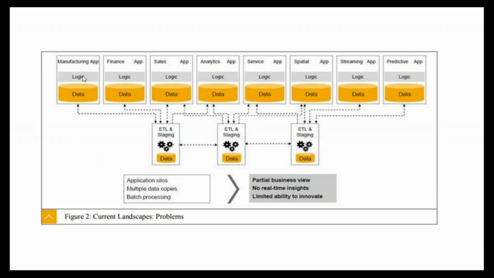So we used to have the manufacturing application, finance application, sales application, analytics, service, spatial, streaming, predictive analytics, predictive analysis for the future. What used to happen is all this data used to be saved in the ETL staging. The data used to be loaded from here to the ETL, which is for business analysis data.